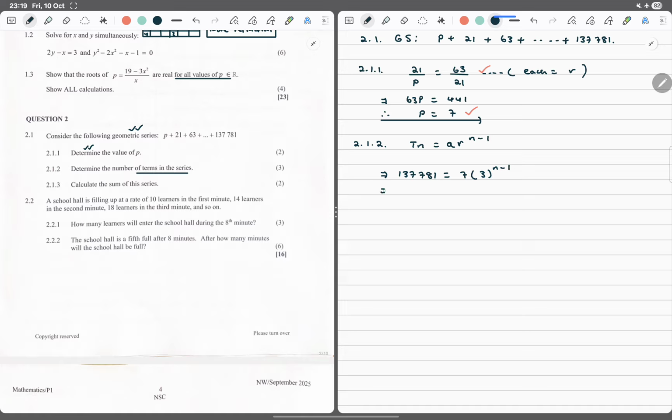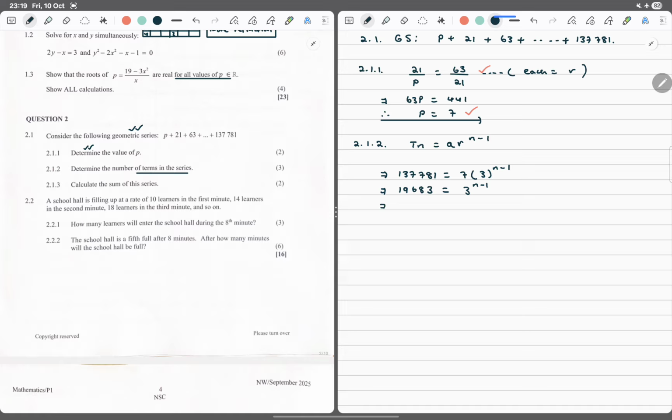So we divide 137,781 by 7. We get 19683 is equal to 3 to the n minus 1.